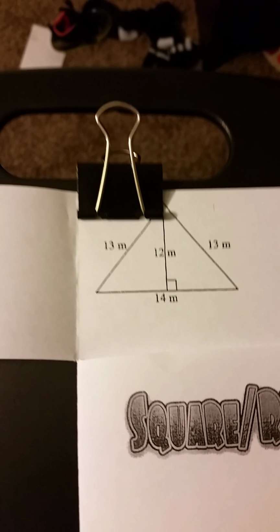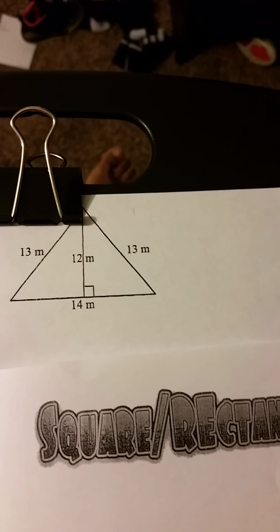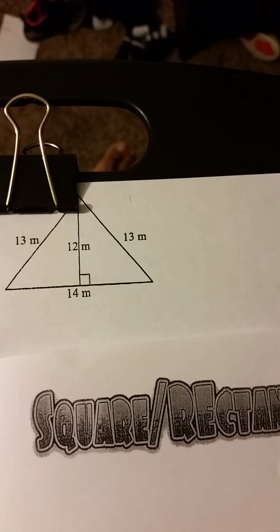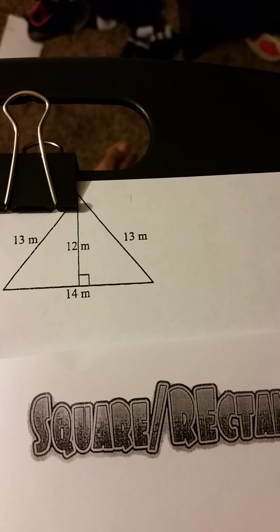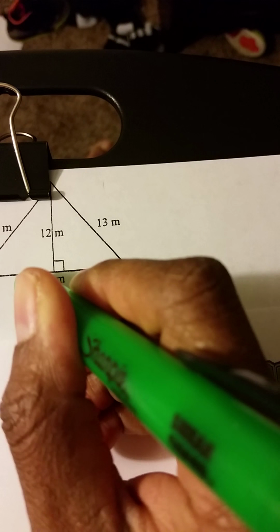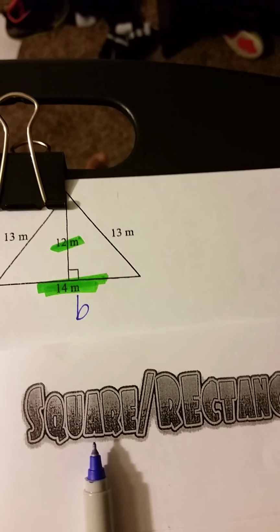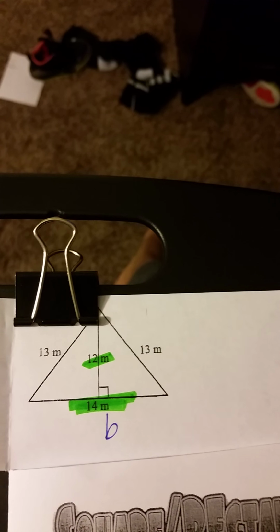Let's look at our figure here. We have a triangle here. We need to locate the base and the height of our triangle. This 14 here is going to be our base. And this 12 here will be our height.